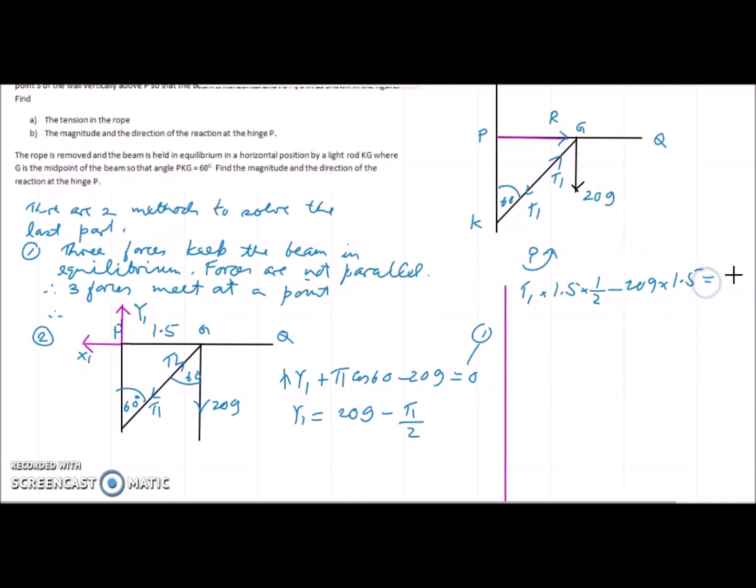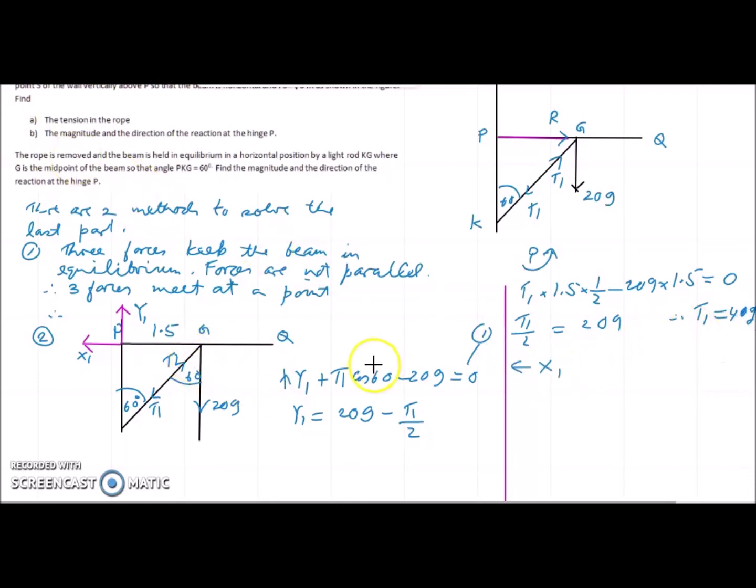Taking the algebraic sum of the moments about P in the anticlockwise direction, this equals 0. We can cancel the 1.5 and we get T1 divided by 2 equals 20g. Therefore, T1 equals 40g newtons.